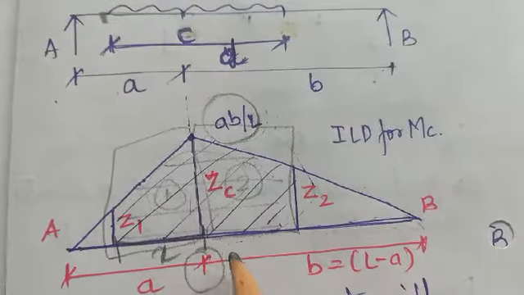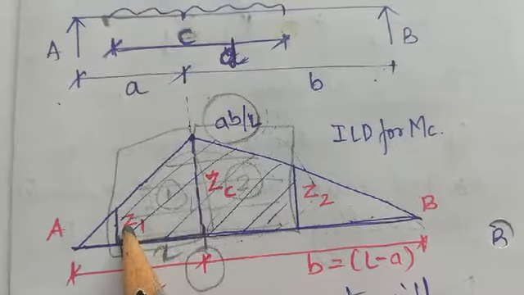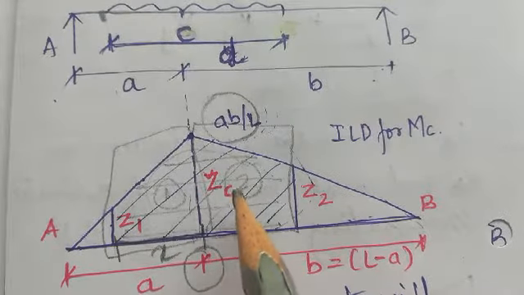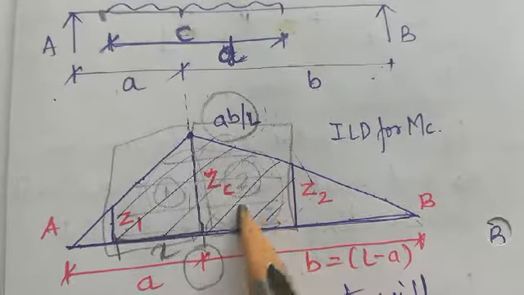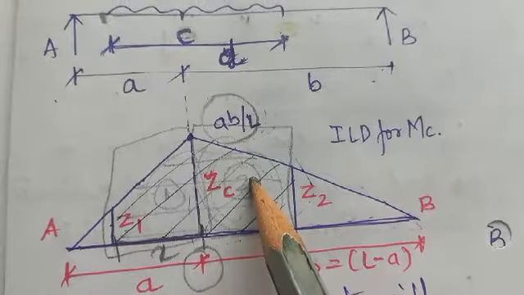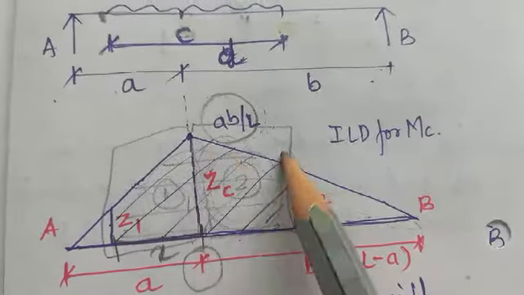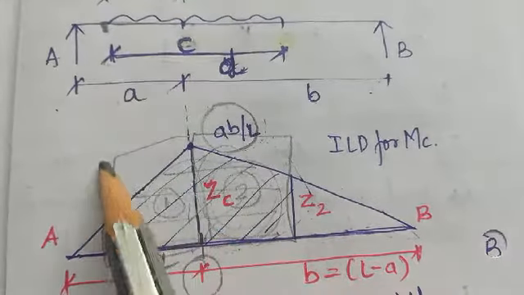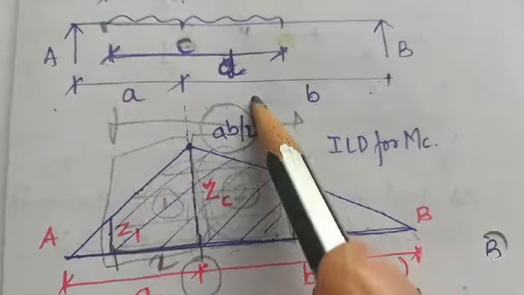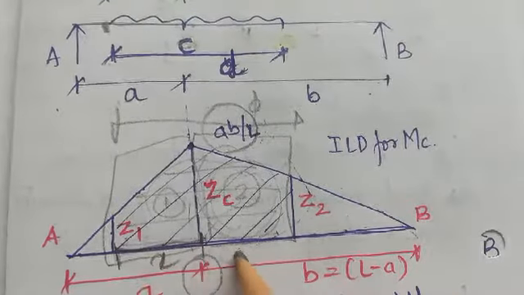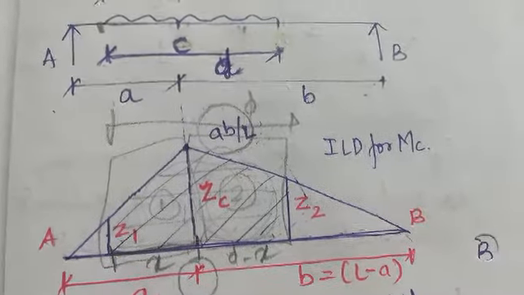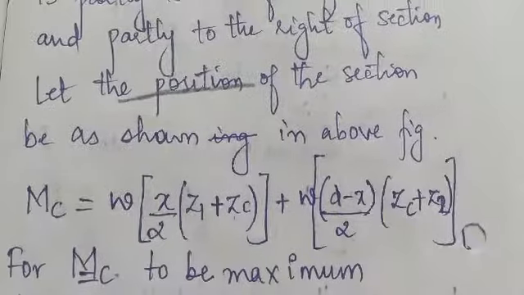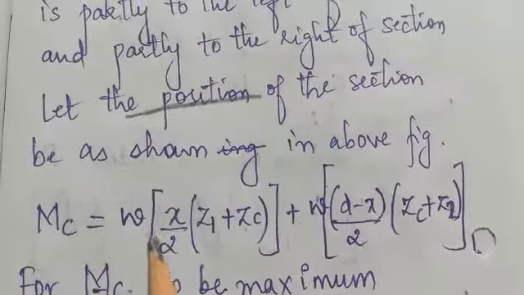So half base into Z1 plus Z2, plus this portion, that is load into the area of this portion. Half base is what now? From here the total distance is D and this distance is x, so this will be D minus x. That is what I have written in this equation.